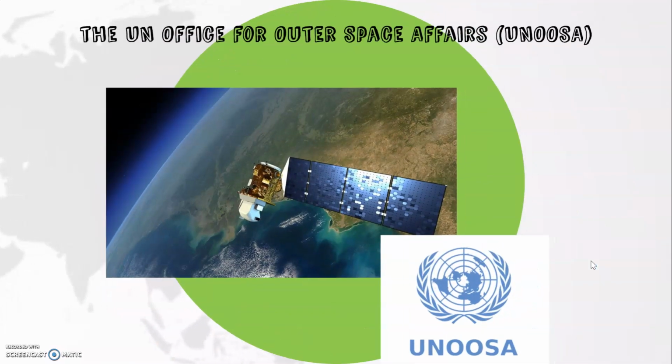And the UN Office for Outer Space Affairs, which promotes a peaceful use of outer space by, for example, registering objects launched into space and other things. But there are many, many others.